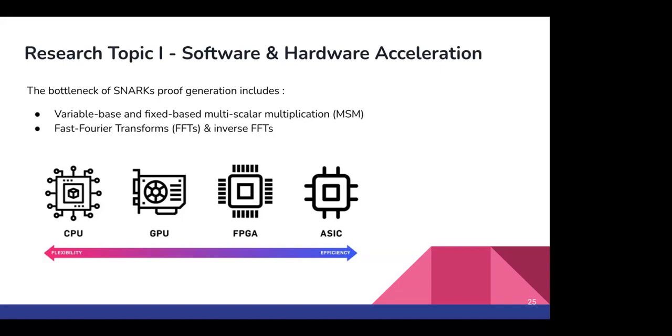The other one is the fast Fourier transform, or inverse FFT. You need to do the coefficient conversion to the polynomial or vice versa. These two components occupy a large amount of the time during proof generation for proof systems based on elliptic curves. This also means there are still a lot of opportunities to continue working on algorithm improvements, and to test them on different hardware platforms like CPU, GPU, FPGA, and ASIC.